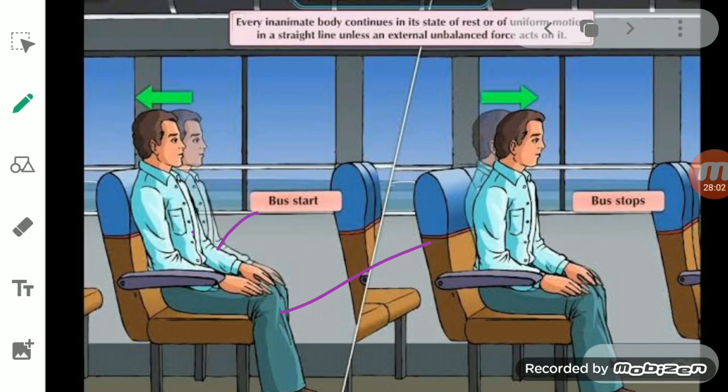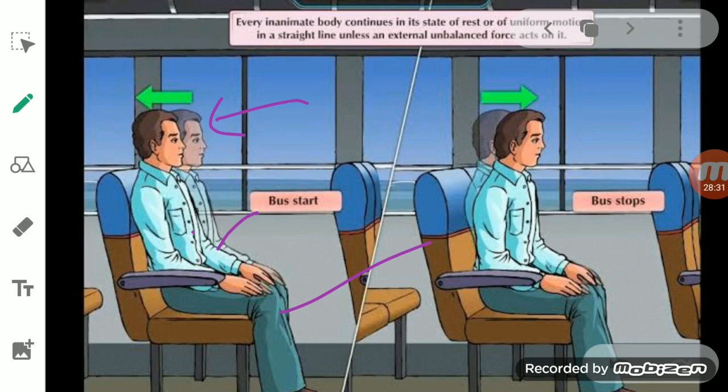Before that, the bus and the passenger were both in a state of rest. But when the bus started moving, the bus comes into motion, but the passenger sitting in the bus remains in a state of rest due to inertia, and due to which he falls backward.